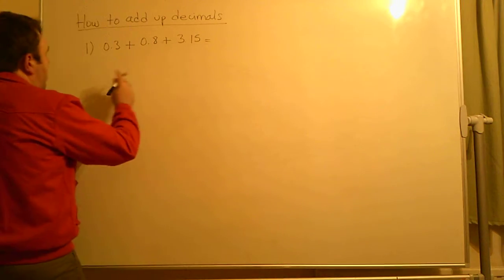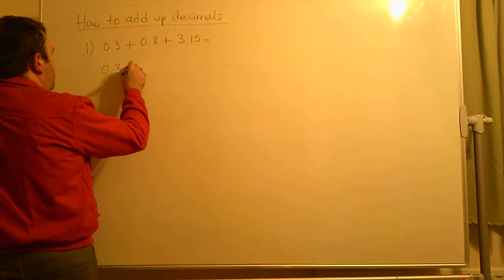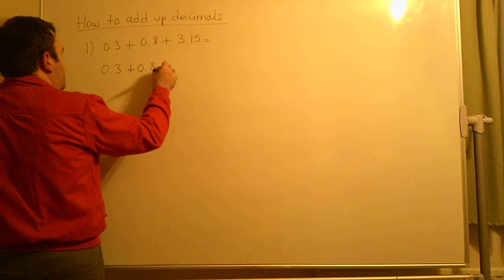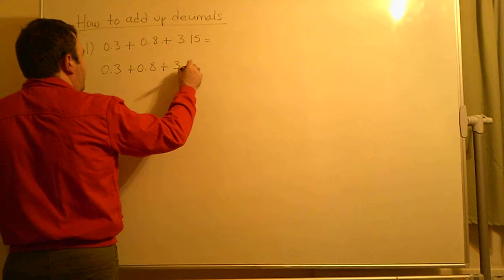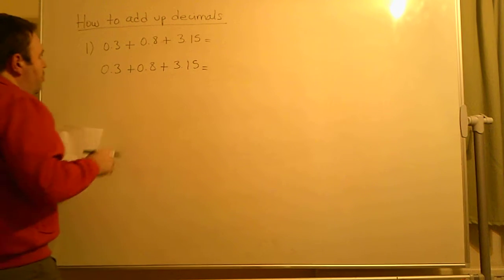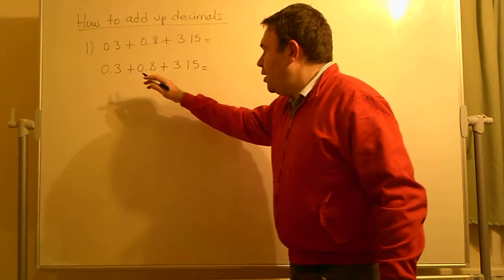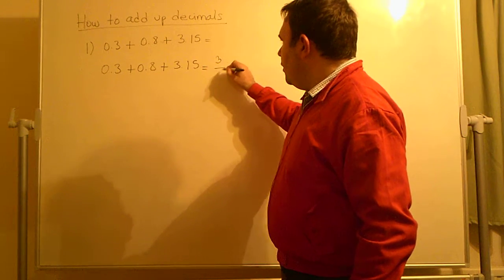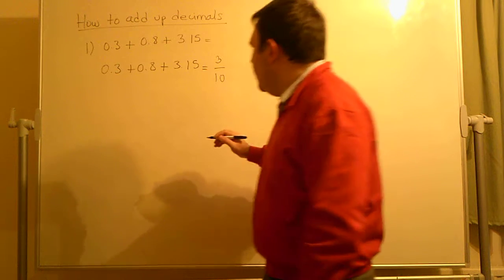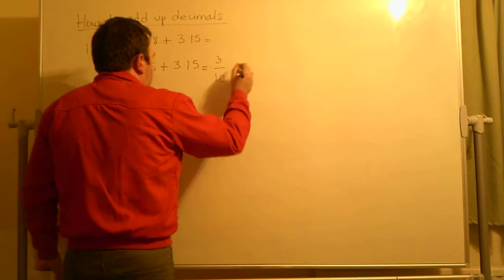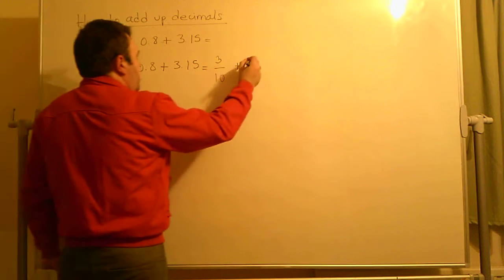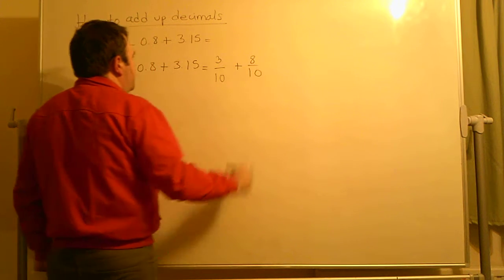in order to add this up, we start with 0.3 plus 0.8 plus 3.15, and we express all of these numbers as decimal fractions. So we would have 0.3, which would be 3 divided by 10. Then 0.8, which would be 8 divided by 10.